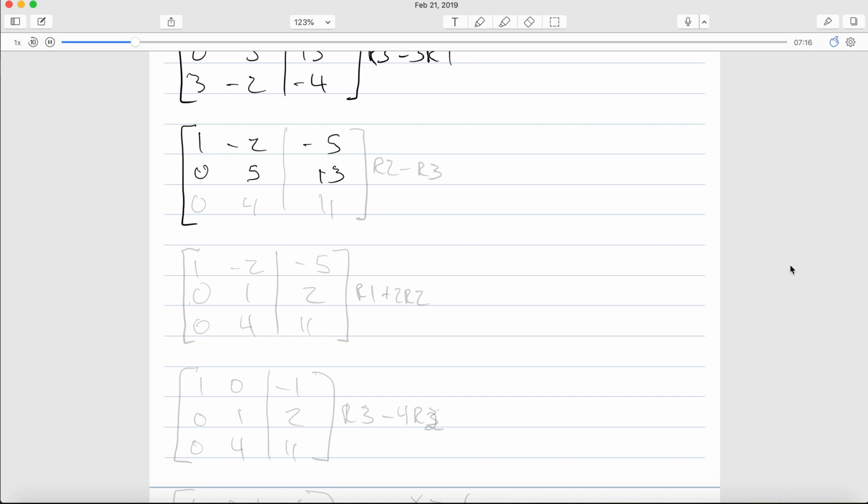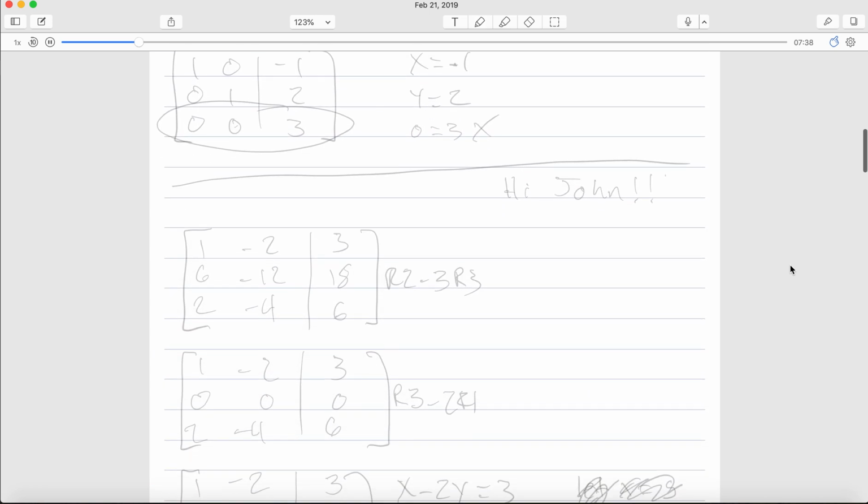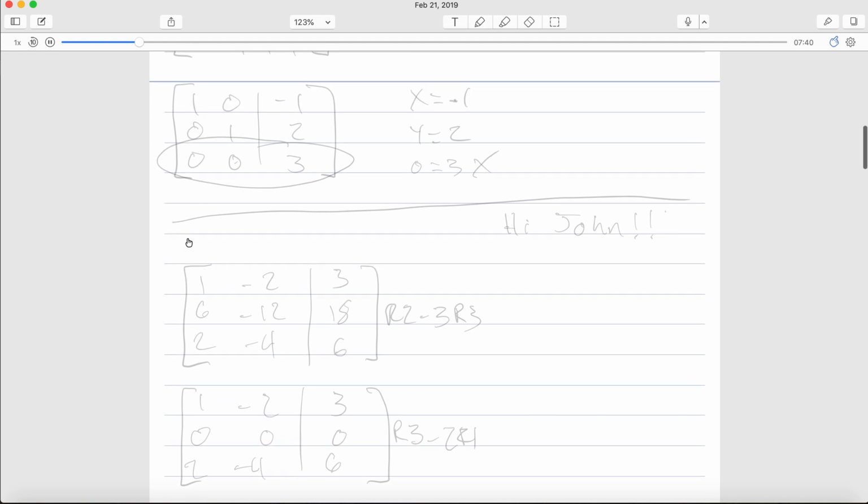I forgot to write 0. Alright. So this is 0. 3 minus 3. Negative 2 minus negative 6, which is actually negative 2 plus 6. That's 4, right? And then negative 4.